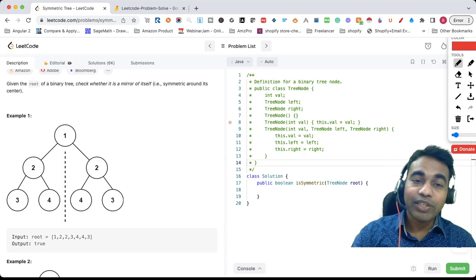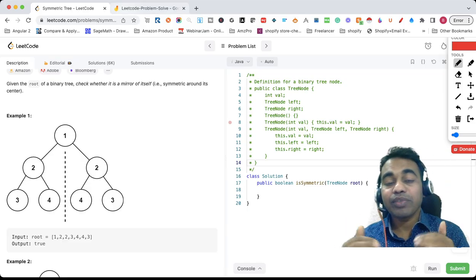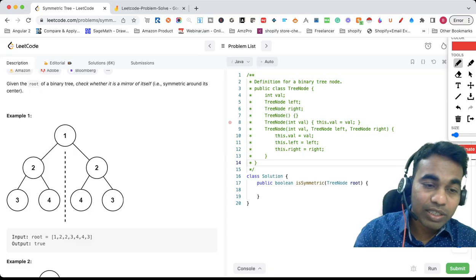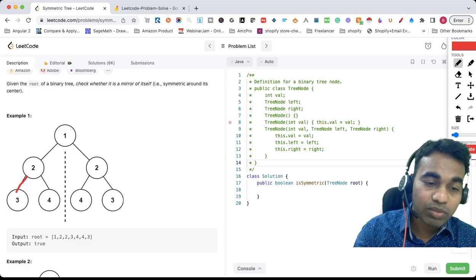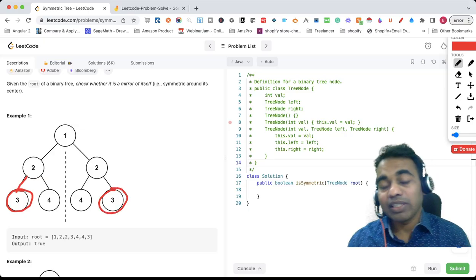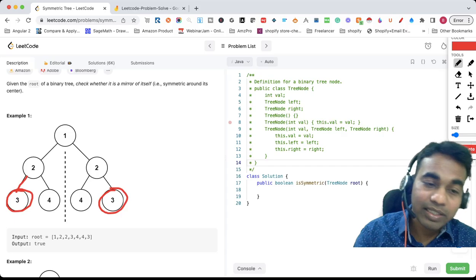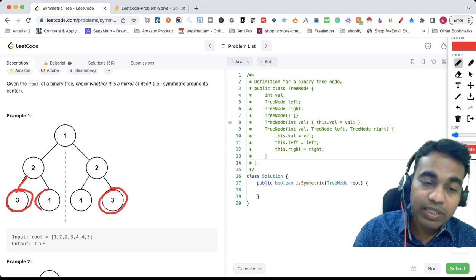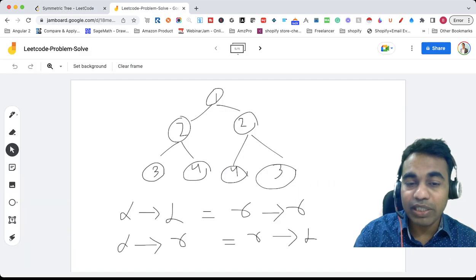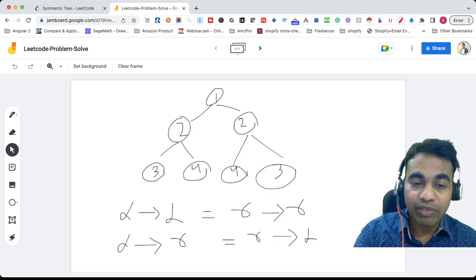But how will the recursive call happen? We have already discussed that. Whenever you are comparing, call recursively on the left subtree, and it should be the same as the right subtree. And the right child of that should be equal to the left child. Let me draw it here.